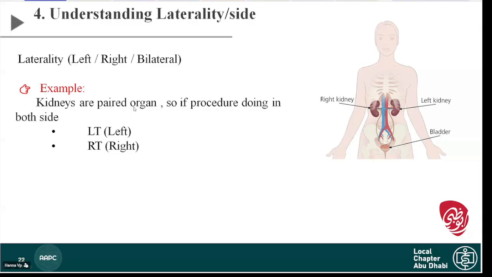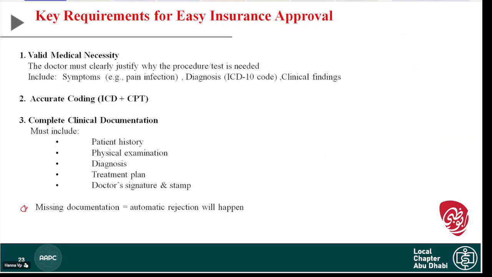Kidneys are paired organs. So if the procedure is done on both sides, we can consider it as bilateral, right and left side. So this is also one of the key components you should keep in mind while taking the code from genitourinary.